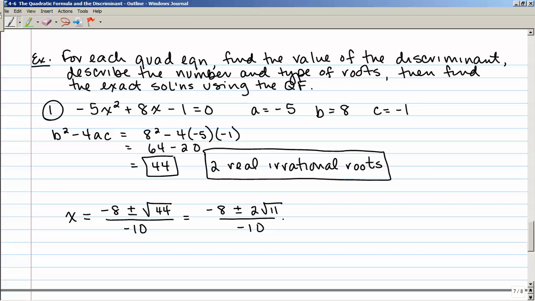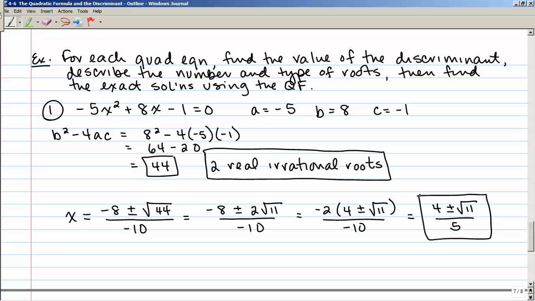I can actually factor a negative 2 out of everything. So that'll give me 4 plus or minus the square root of 11 over negative 10. And canceling, I'll have 4 plus or minus the square root of 11 over 5. The negative 2 and the negative 10 cancel. So there's my solution to that quadratic equation.